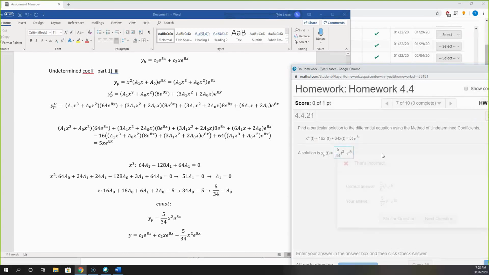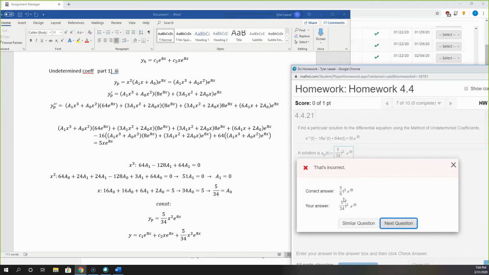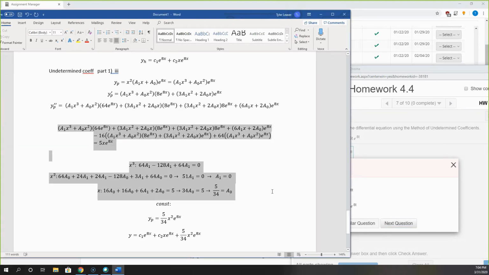We'll see what the actual answer is. Yeah, see, that wasn't off by much. I got that the A1 was 5/6 instead of, I got the A0 was 5/34. Oh, okay. So it was just some mistake here. The process was right. I think it's just because I'm doing it on the computer, like I can't actually write out everything. Right. It's just something to keep track of.